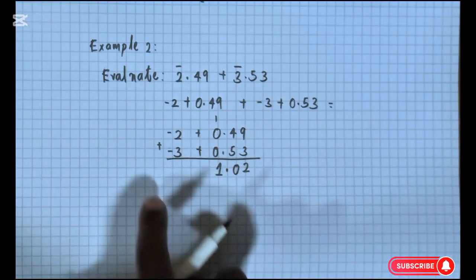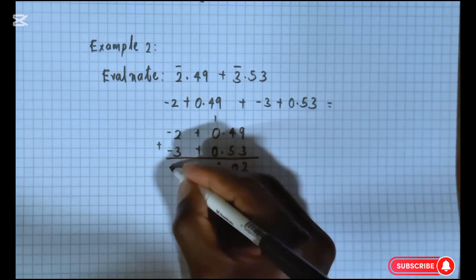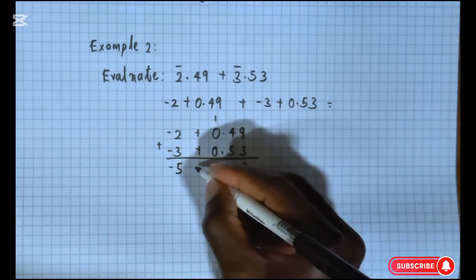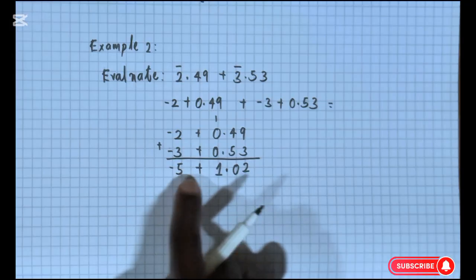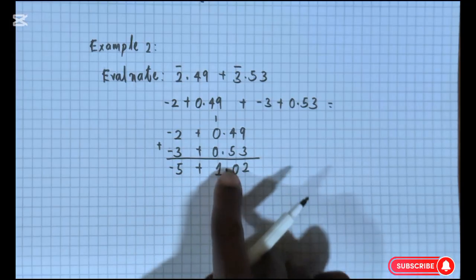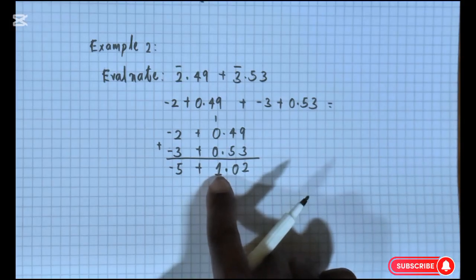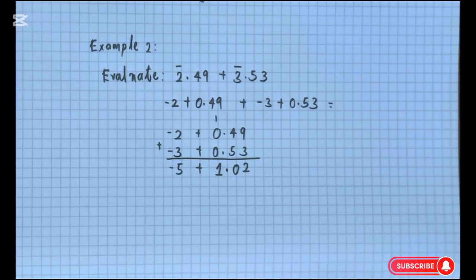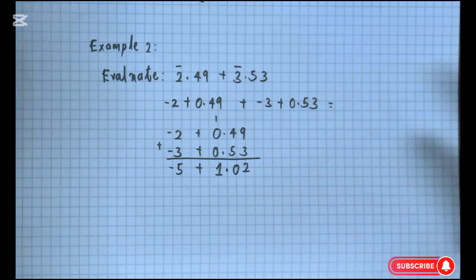So I'm going to take -2 plus -3, and of course that's going to give me -5, with that addition sign right there, because these are bar numbers. Notice that for me to continue, I have to have the number before the decimal point as 0. So that means I'm going to perform an operation involving -5 and 1 such that I have 0.